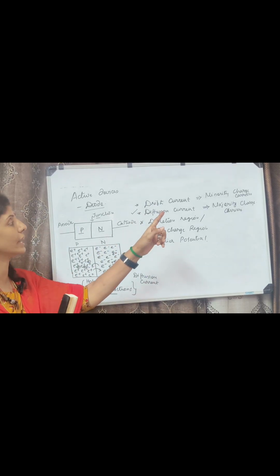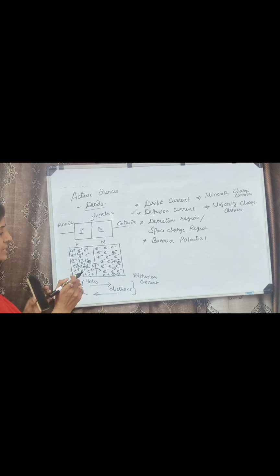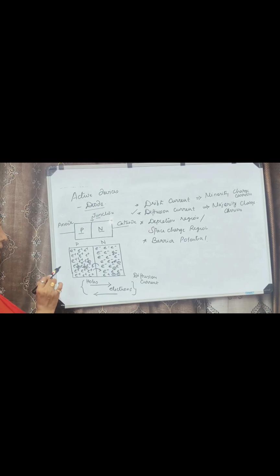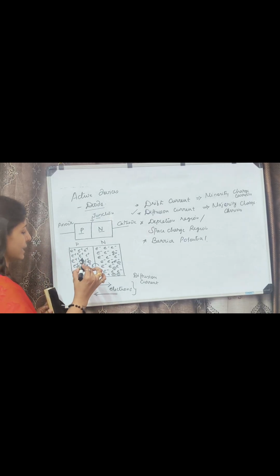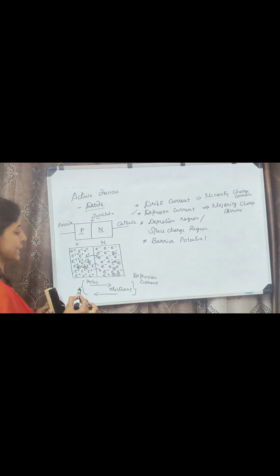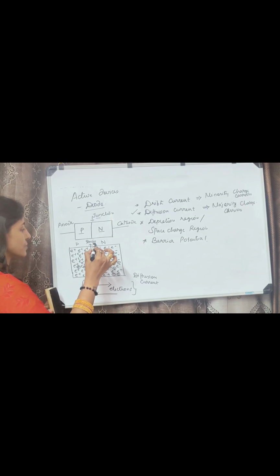Okay. Next is drift current. So what is a drift current? Minority charge carriers. See here, which is the minority charge carrier in the n-type? Holes are the minority carriers. Here, which is the minority carrier? Electrons are the minority carriers. If the electrons are moving from p-type to n-type and holes are moving from n-type to p-type, this is termed a drift current.